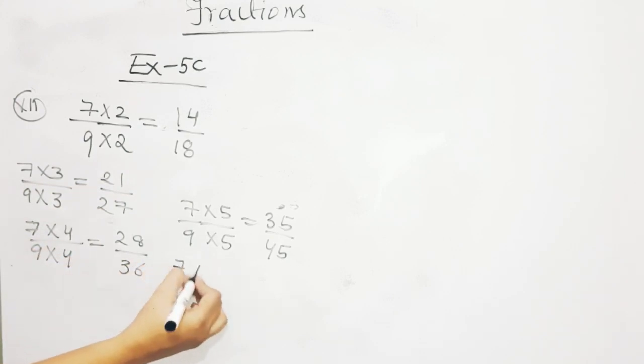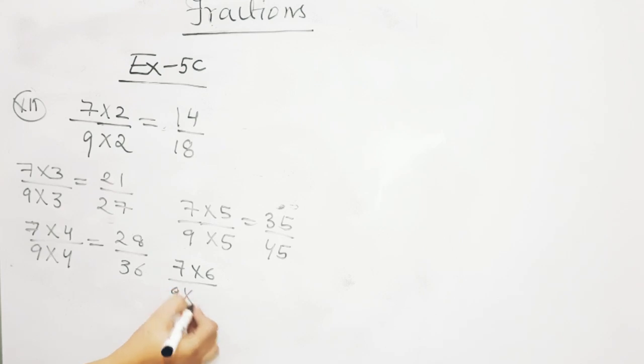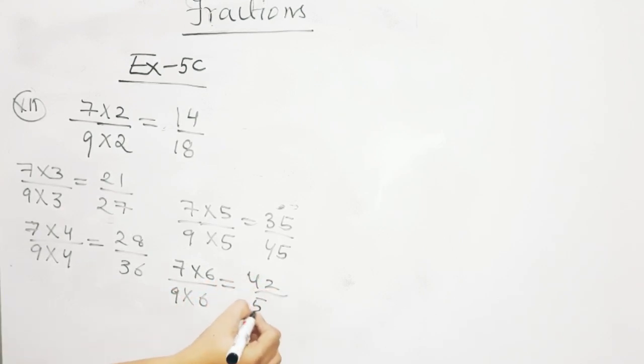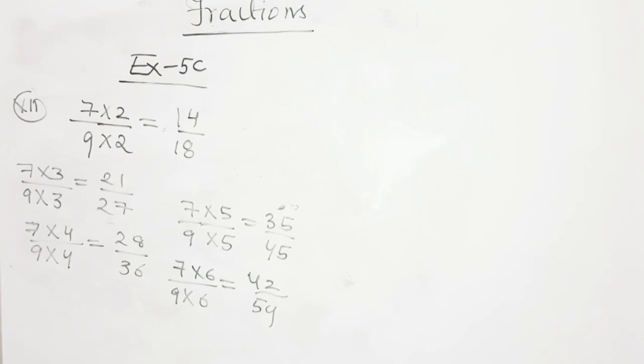So to obtain the last one, we have to multiply the numerator and denominator by 6. So it is 42 upon 54. Now the next 5 equivalent fractions of 7 upon 9 are 14 upon 18, 21 upon 27, 28 upon 36, 35 upon 45, and the last one is 42 upon 54.